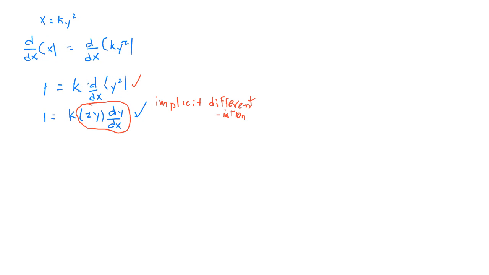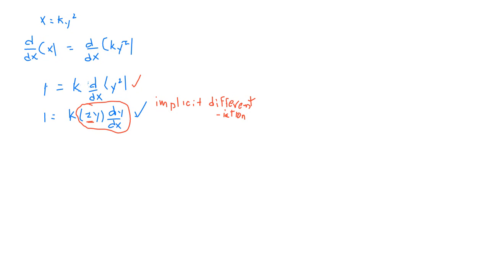That's how we get 2y. And then the derivative of y with respect to x is dy/dx. So we need to know this in order to do this problem. Are there any questions? Okay, then let's get back to the book.